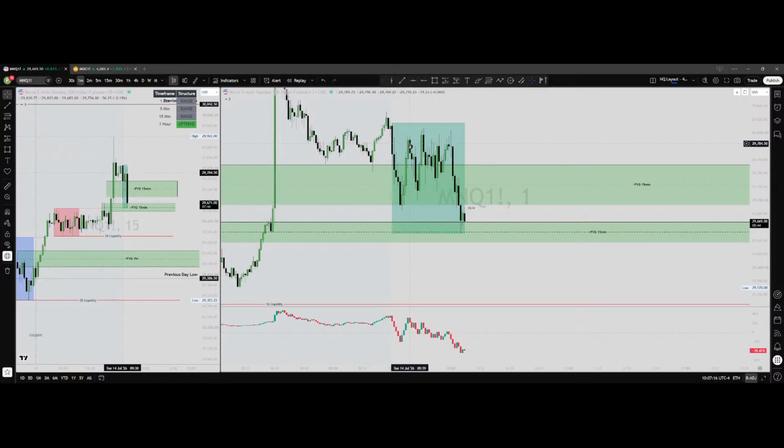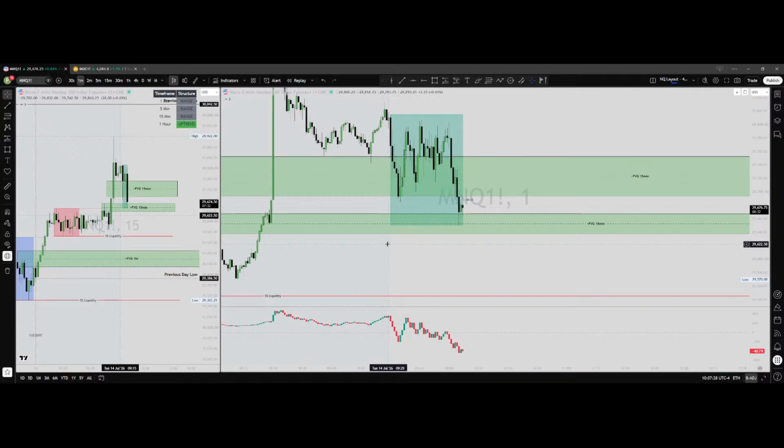Like this pullback, price wanted to go down. It took 22 minutes before it moved into this trend, taking down the low. So expecting continuation right now is a big issue. Markets, I don't know, this price action is so messy, so messy.